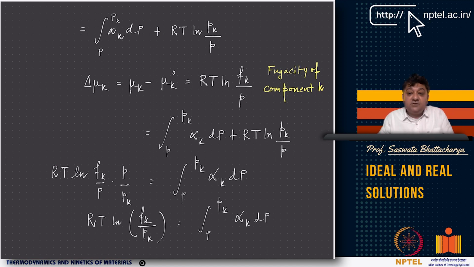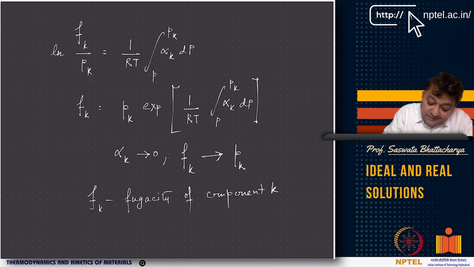Okay, so now you have the integral from P to Pk of alpha k dP plus RT ln Pk by P, which is RT ln Fk by P into P by Pk. If you just do a little bit of algebraic manipulation, you get this term, which is RT ln Fk by Pk equals the integral from P to Pk of alpha k dP.